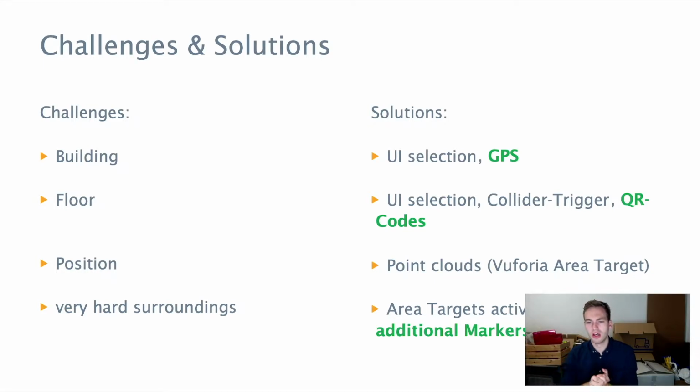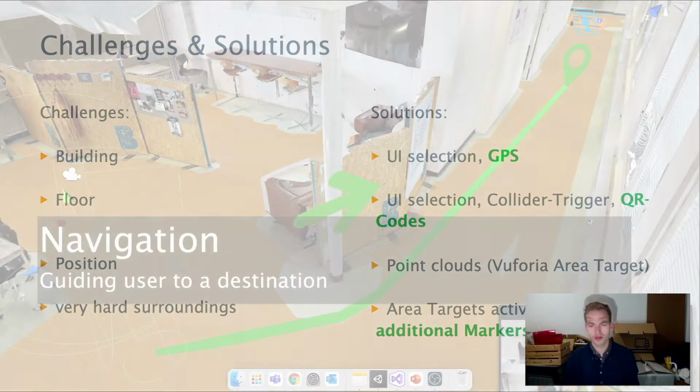Our temporary solution was to just activate the area targets of one floor, which also helps with the performance to find the position faster. In addition, there could be additional markers, maybe big identical images that you also use as marker in the scene, which can be done with the Vuforia Engine.